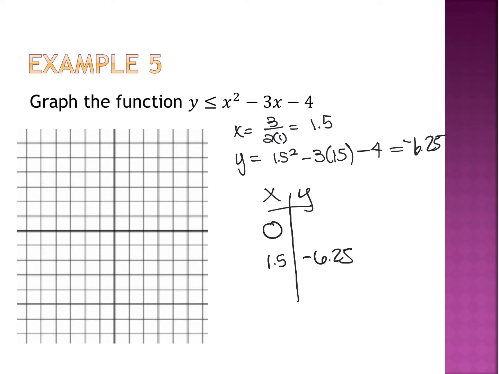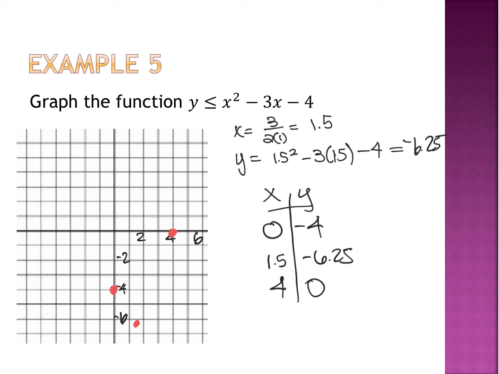And I'm also going to pick something like, we'll say 4. So when I plug in a 0, I end up with a negative 4. And when I plug in the number 4, I end up with 0. So now when I go and I plot this on my graph, I'm going to get something that looks like this. So I've got my 3 points plotted on here.